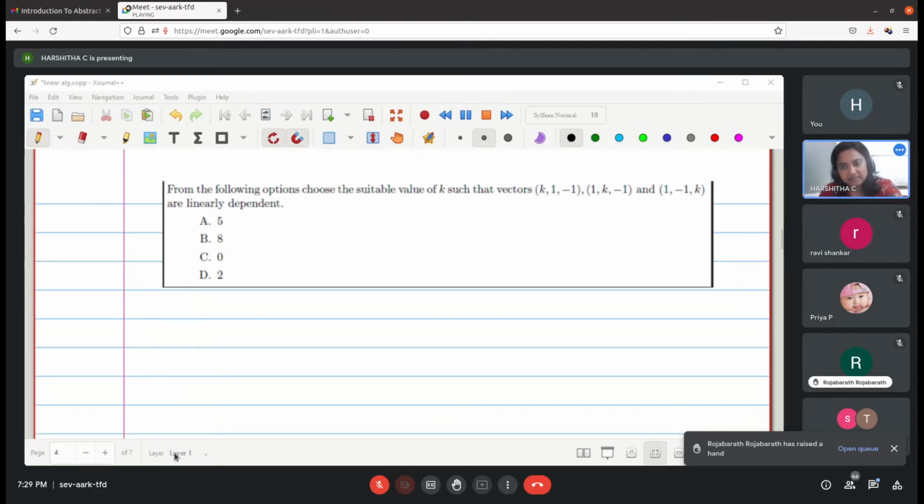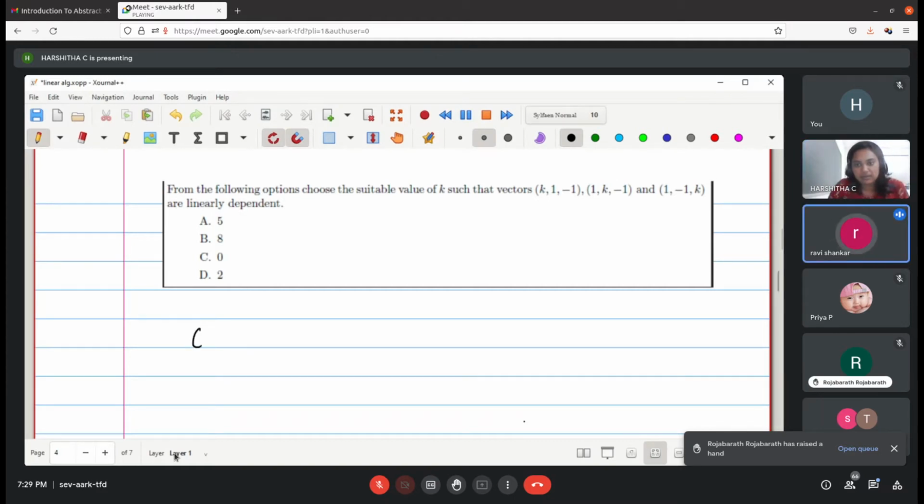Yeah, we can get the equation value 0 through some linear combination. Just one small point I would like to add, through a non-zero linear combination. See, if you take 0 times the first vector plus 0 times second vector plus 0 times third vector, you can definitely get 0, right? But there is some non-zero linear combination by which you can get it as a 0 vector.